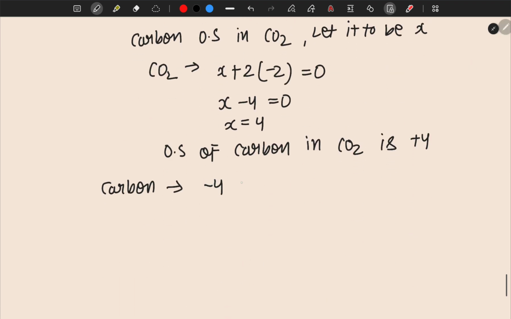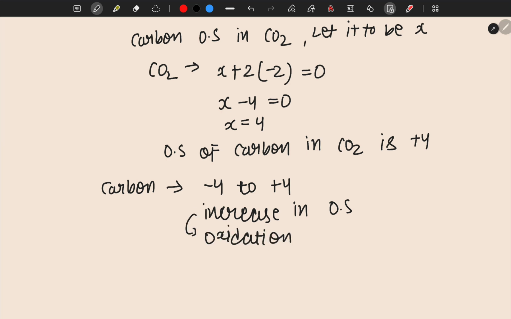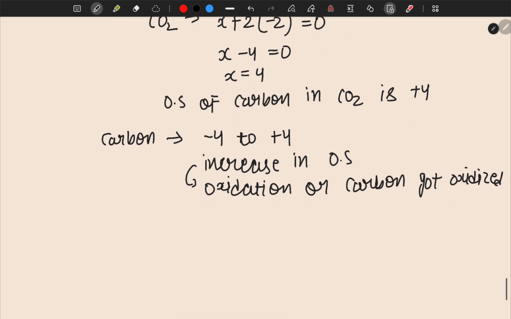So for carbon it went from -4 to +4. That means an increase in oxidation state, which means we have done oxidation, or carbon got oxidized. If carbon got oxidized, it means it is the reducing agent, because it will be reducing something.